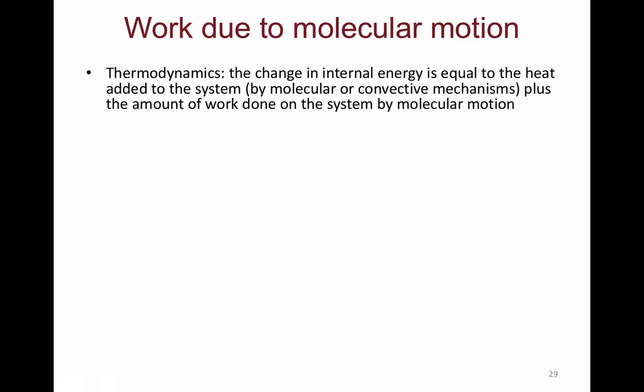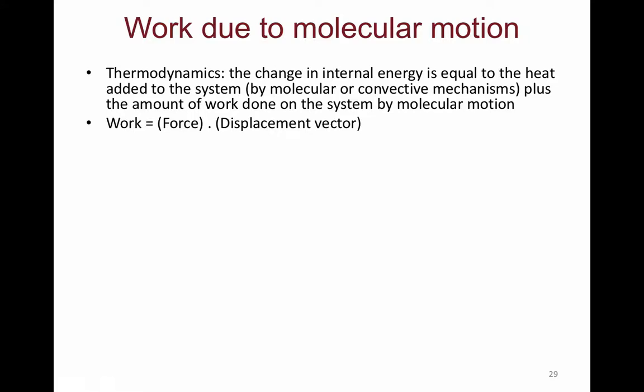Now, we also have to look at the work due to the molecular motion that might change the energy inside. And basically, I know from thermodynamics that the change of internal energy is equal to the heat added to the system, okay, plus any kind of work done on the system. Okay? Or it can be done actually within the system by molecular motion.